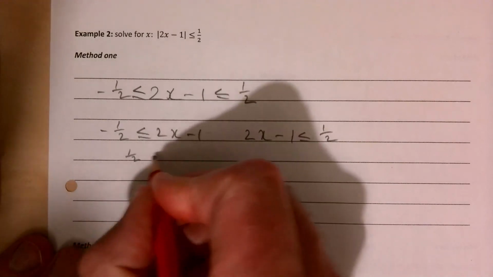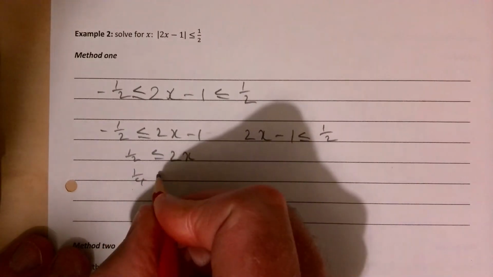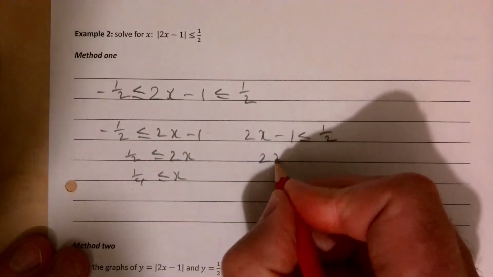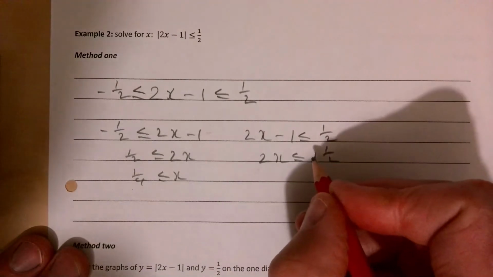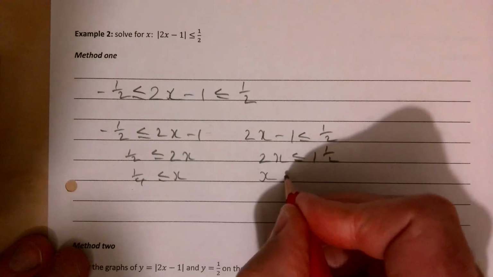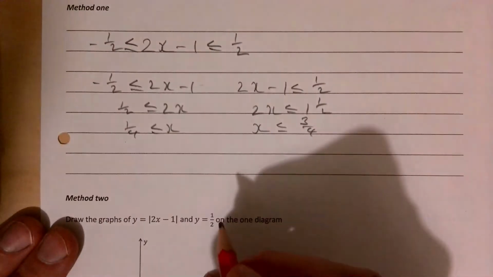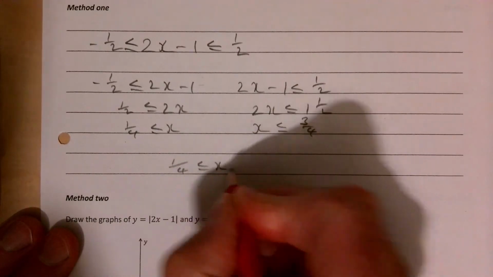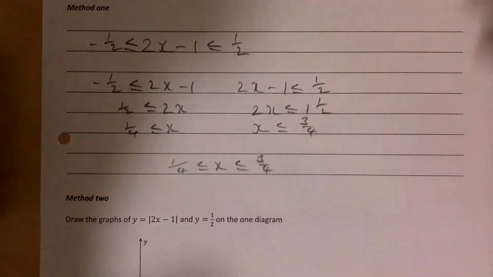I would have a half less than or equal to 2x, so a quarter less than or equal to x, and then I have 2x less than 1.5 once you add 1 to both sides, and I have x then less than or equal to 3/4. So our solution in this particular case is a quarter less than or equal to x less than or equal to 3/4.